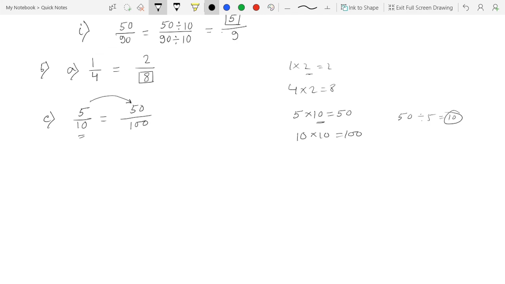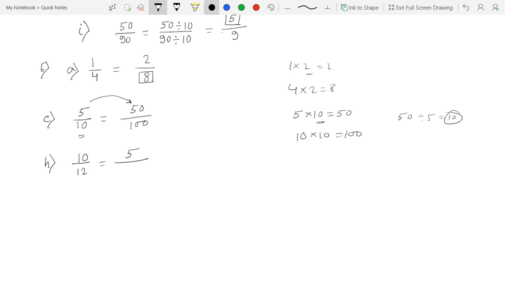Now go to the next one, question number H. Now look at question number H. Here is given 10 by 12, and here is given 5. Now look here, 5 is smaller than 10.